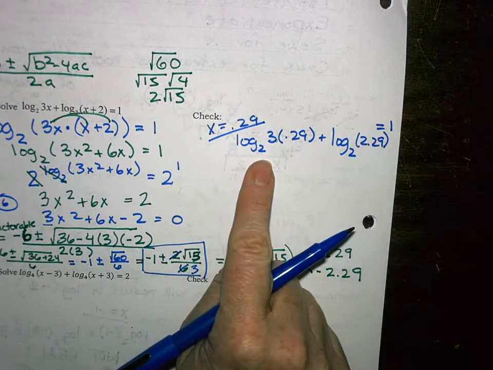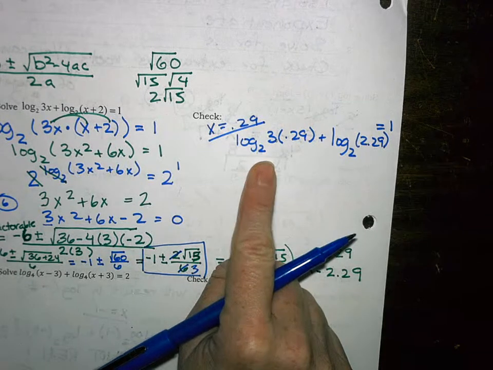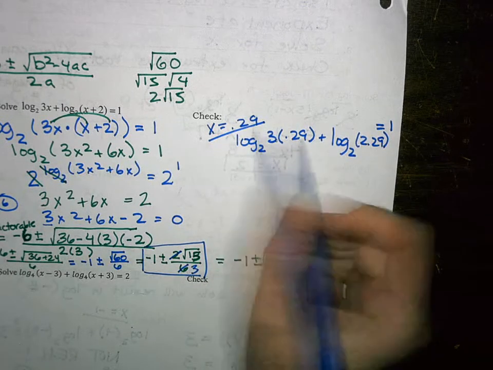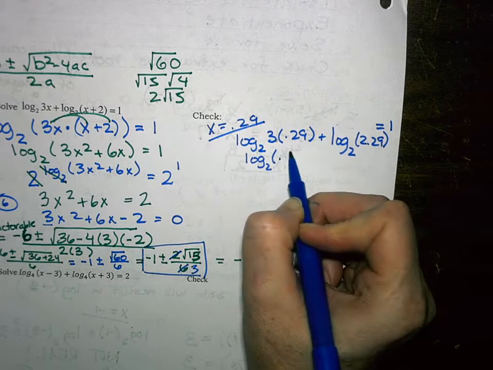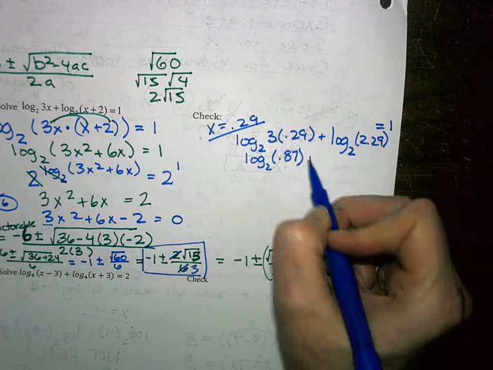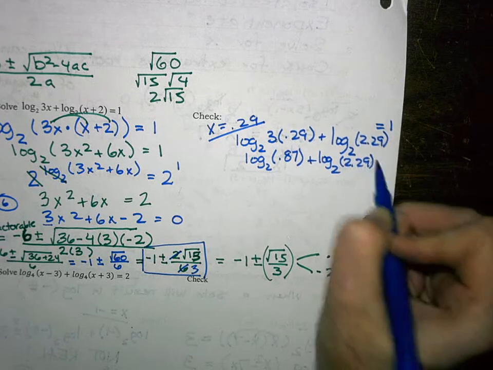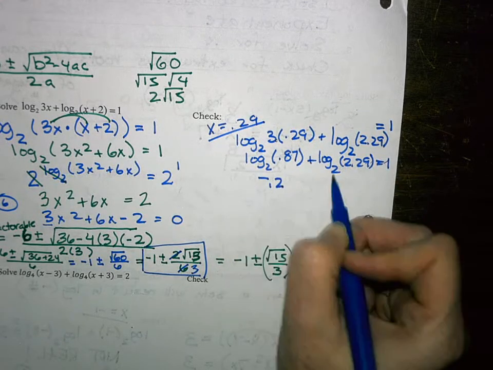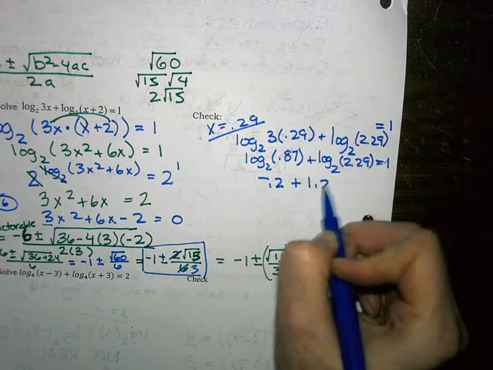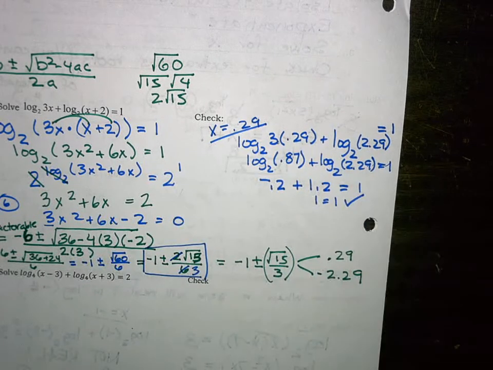So I'm going to do this on my calculator, and I get the log base 2 of 0.87 plus the log base 2 of 2.29. Does that equal 1? Well, this turns out to be negative 0.2, and this turns out to be plus 1.2. Does it equal 1? Yes. I get 1 equals 1, and that's a check.